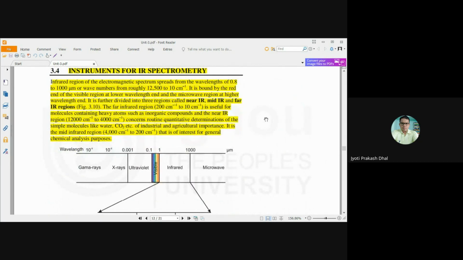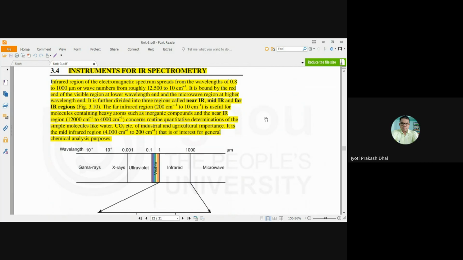Next is instruments for IR spectrometry. We know that the IR region of the electromagnetic spectrum spreads over the wavelength range 0.8 micrometer to 1000 micrometer, and if you convert the wavelength into wave number, that will be roughly from 10 centimeter inverse to 12,500 centimeter inverse.